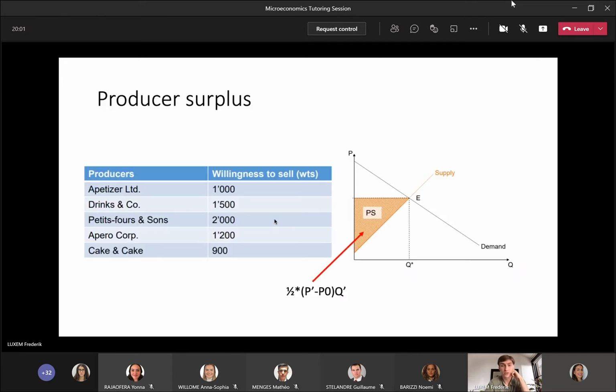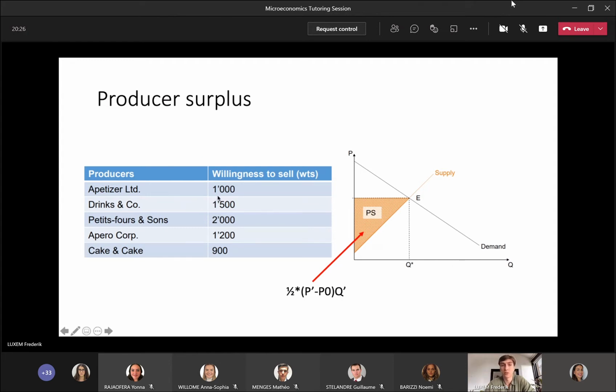The producer surplus is very similar to the consumer surplus. So let's say someone is selling snacks here, Appetizer Ltd. He sells snacks, and a customer comes and says, I'm willing to buy your products for 2,000 francs.